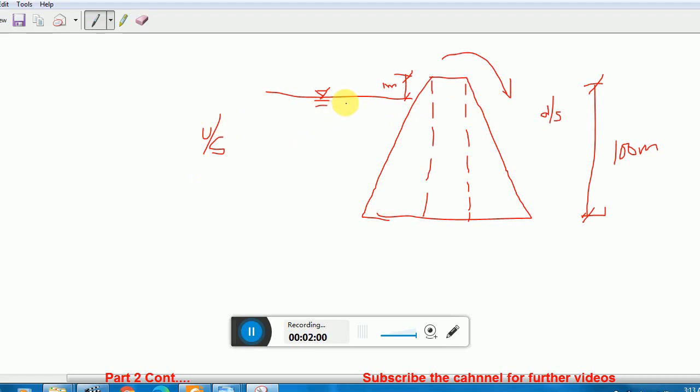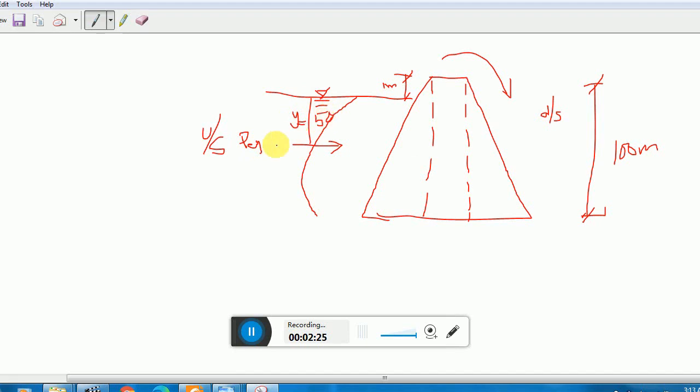Now we have to determine hydrodynamic forces, and the pressure distribution of hydrodynamic forces is already explained in part 1. This is in parabolic shape. We have to find out PEY. What is PEY? I explained this in part 1. At a distance of how much? At a distance of y equals 50 meters. That is given.